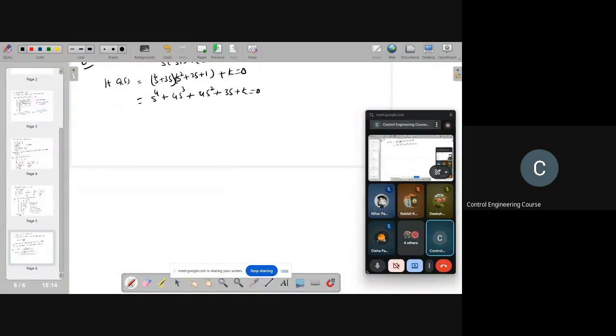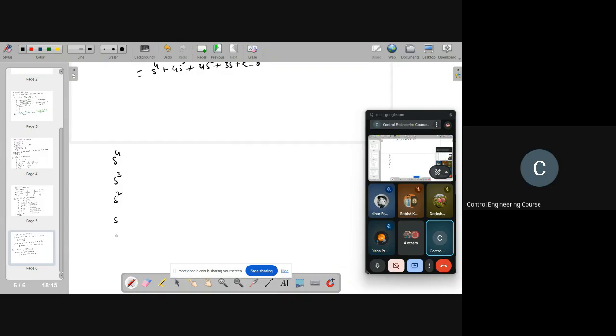Then we will construct a Routh array. So this is 13 into 3, 39, by 4 minus 4K by 13 by 4, and this will be 0.